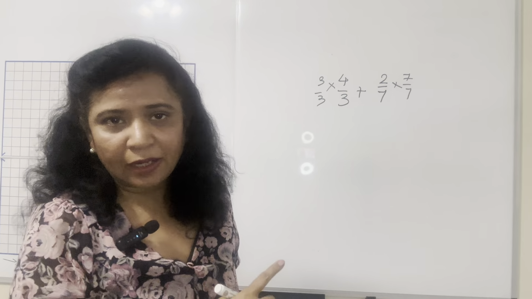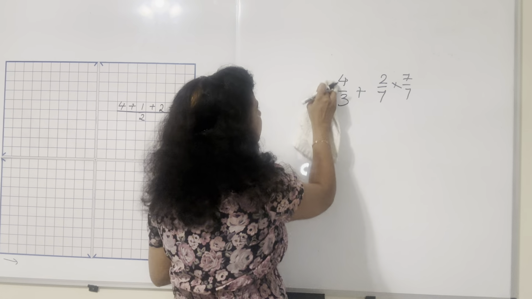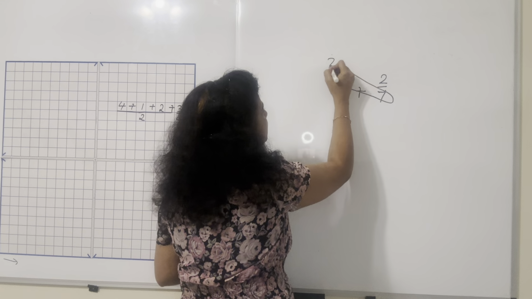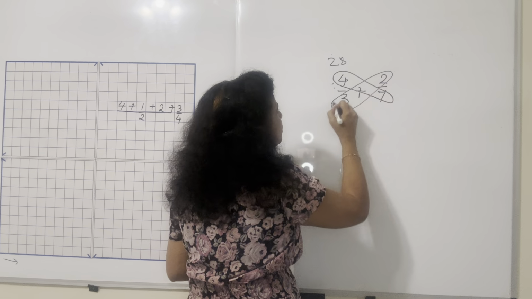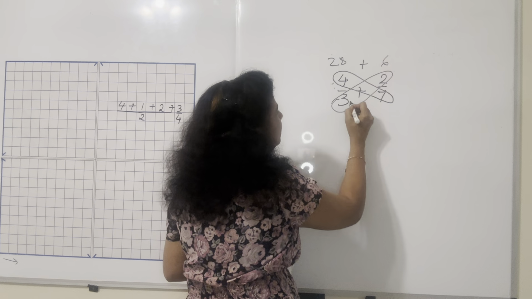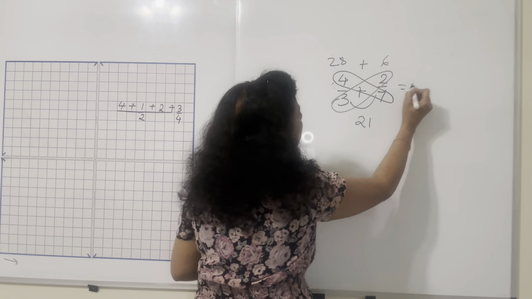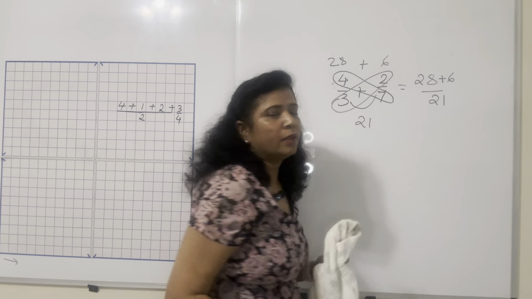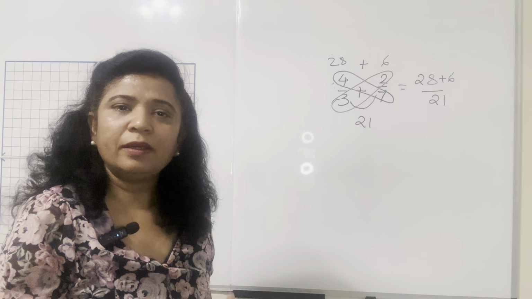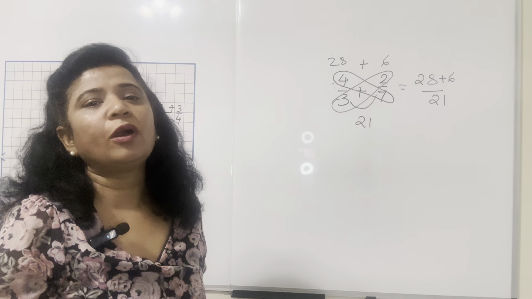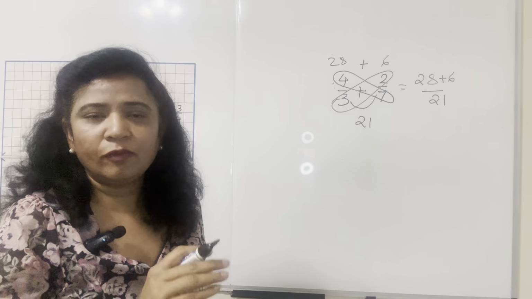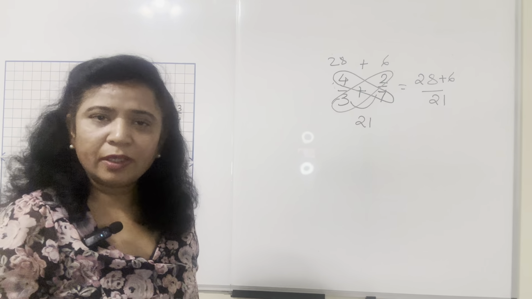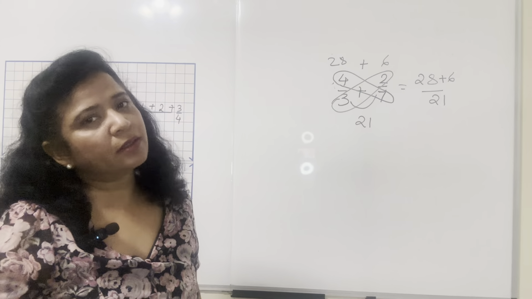You can do it that way, or we can do the butterfly method, where it is 4 times 7, 28, 3 times 2, 6, write the plus sign here, and 3 times 7, so 28 plus 6 over 21, right? So that way it's easier to do when you cannot make the denominator common very easily and you don't have time. It's better to do the butterfly method. So it is a fast process as well as correct all the time.